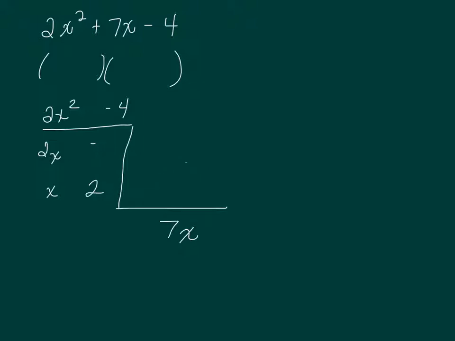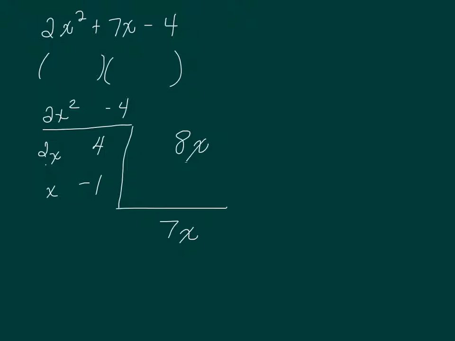Let me try something else for negative 4. Because 2 times 1 is basically how we're going to get 2. So let's see, negative 4. Let's try 4 and negative 1. Okay, so 2x times 4 is 8x.